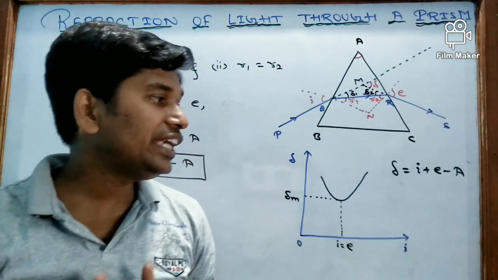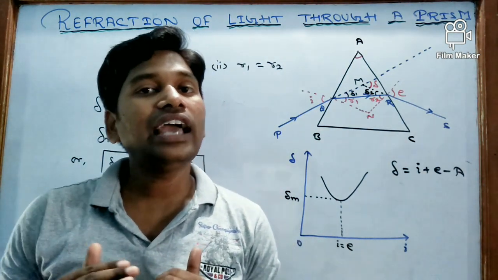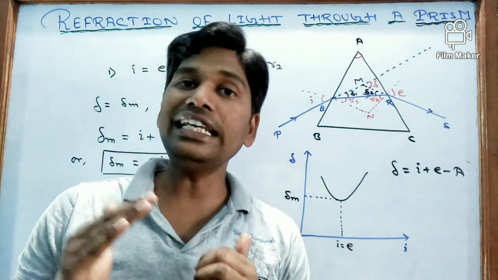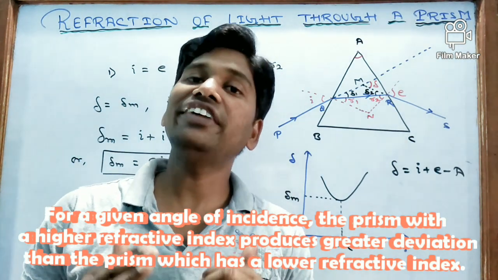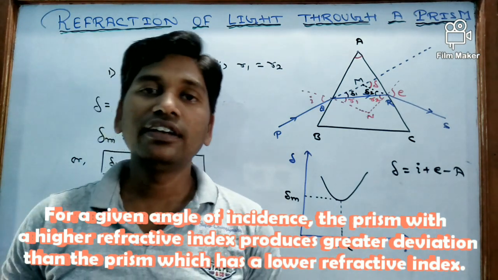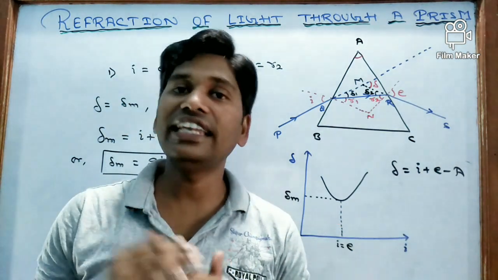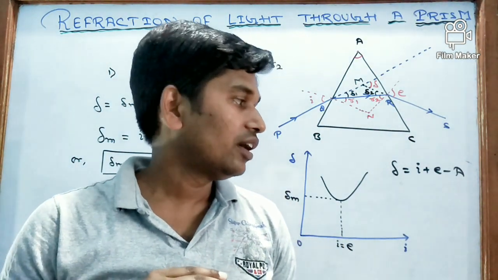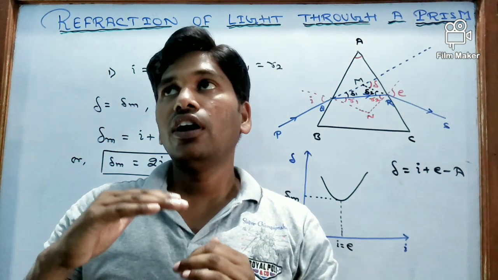For a given angle of incidence, the angle of deviation increases with increase in refractive index of the medium. And the last factor is the wavelength or the color of the light.